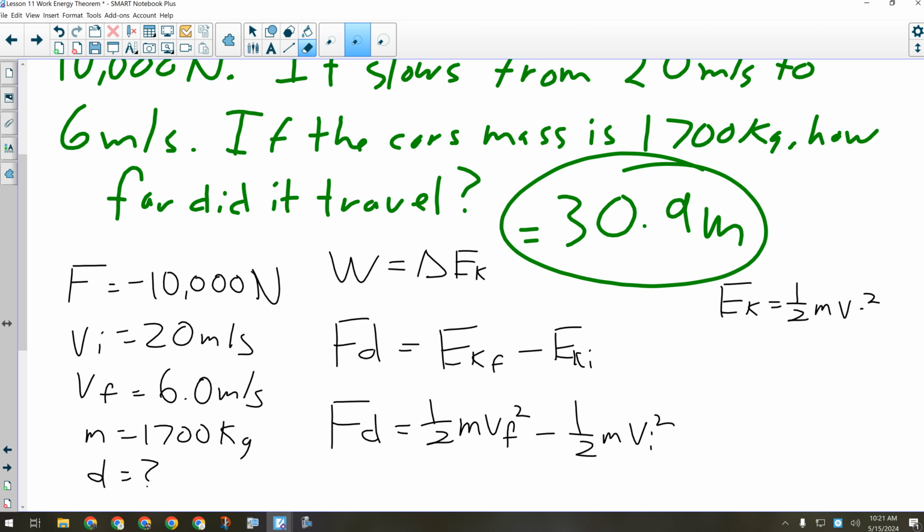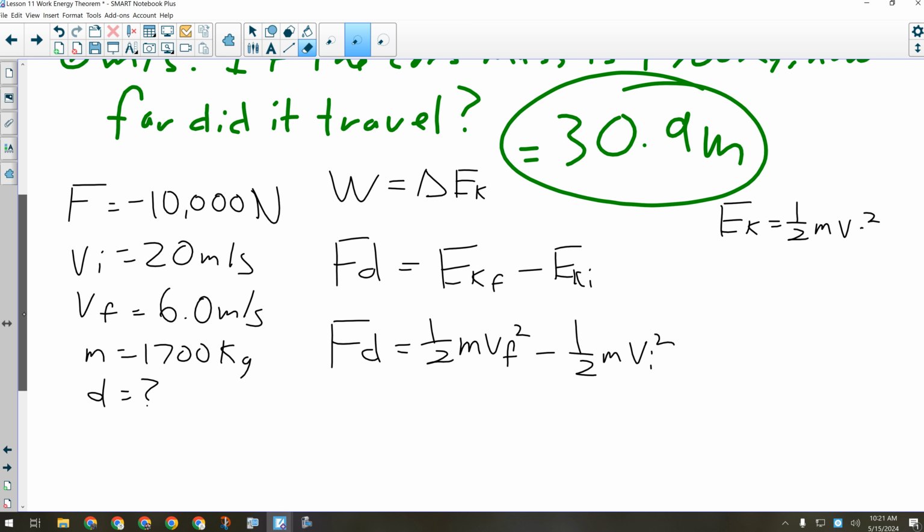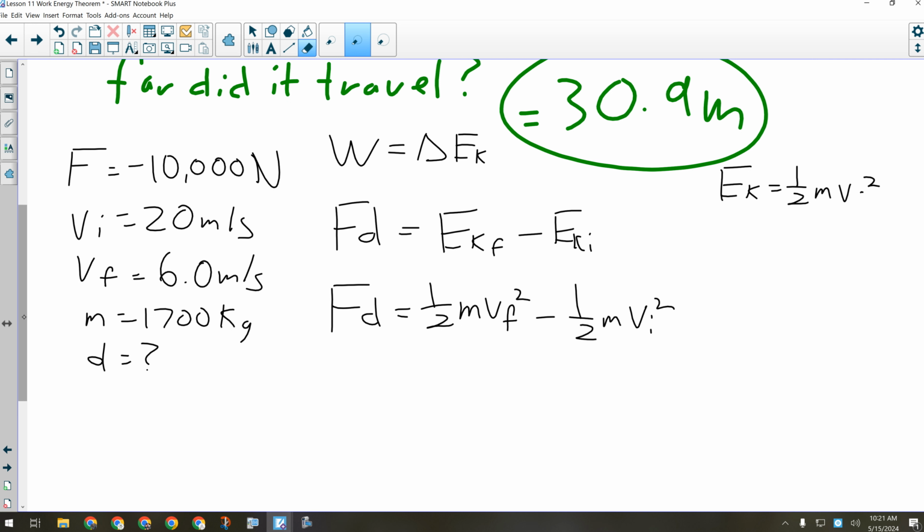So I'm trying to solve for D. How do I get D by itself here? Well, you have to divide force to the other side. I've got to divide both sides by force. Divide this side by force and it goes away, and divide this side by force. Now I'm solving for D. I just have to plug in my numbers.